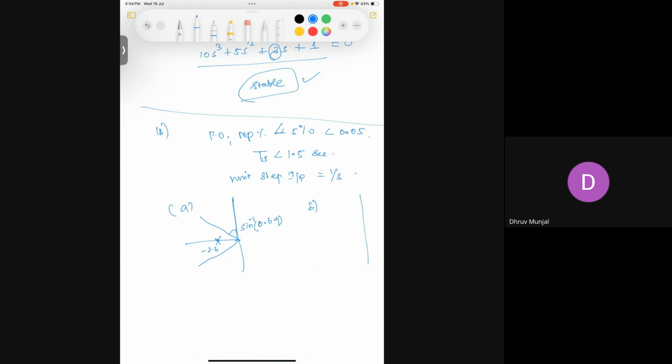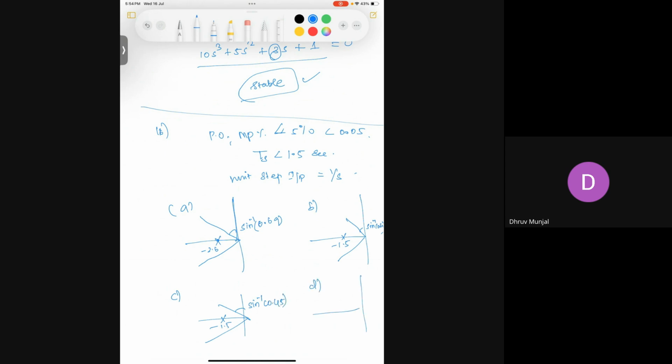Similarly, the next option is minus 1.5, same sine inverse of 0.69. C option is minus 1.5, a little different, sine inverse of 0.45.